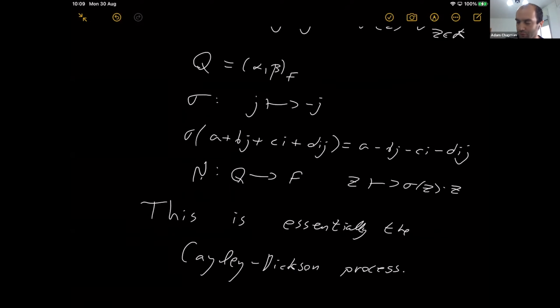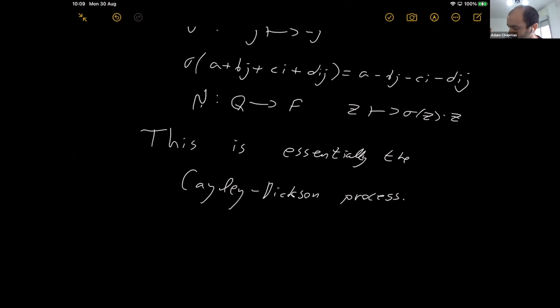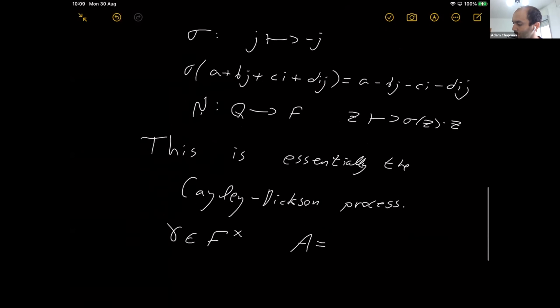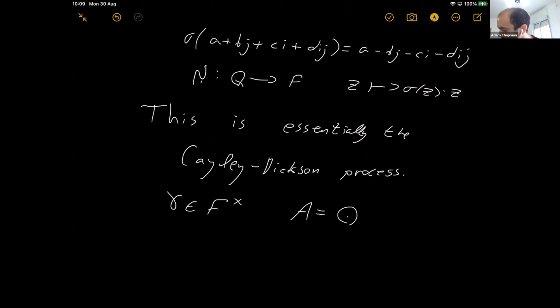The next step is the most crucial. So you pick some gamma in F again, and you look at some algebra A built over that Q that we constructed earlier. So it's Q plus Q times some l.